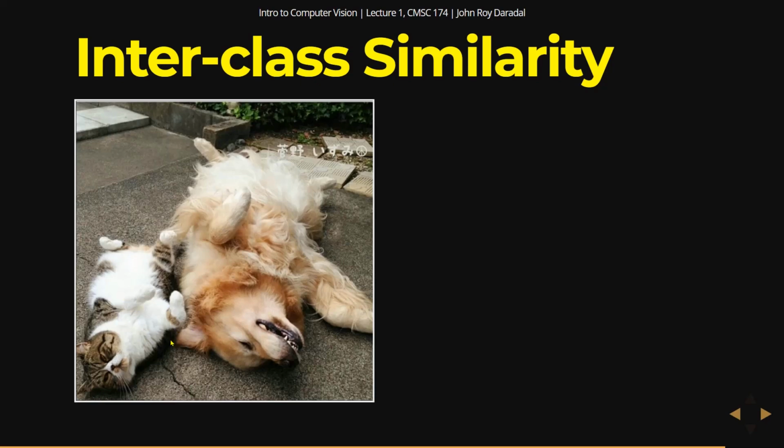They have 2 ears and a snout and whiskers and so on, right? So even if they are from different classes, a dog and a cat, they have a lot of similar features. That is also another challenge for computer vision, because how would you know which one is which?